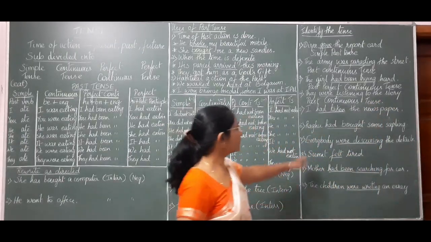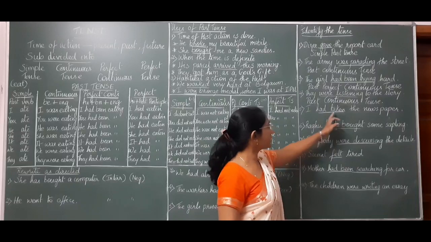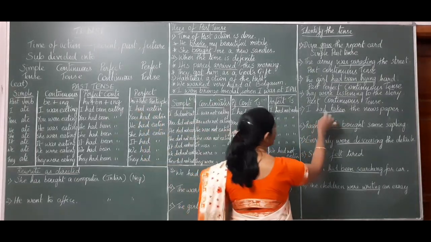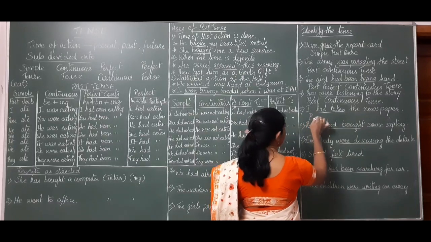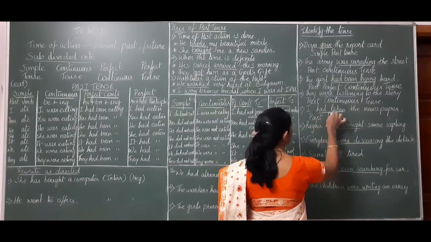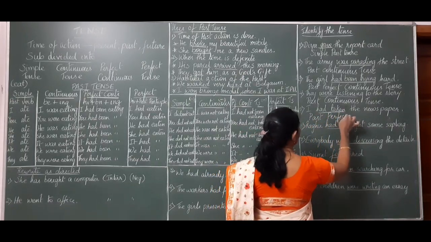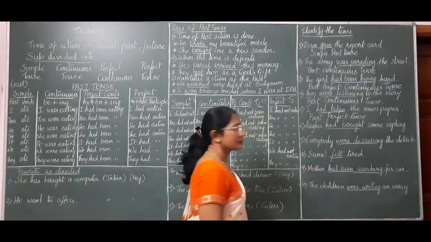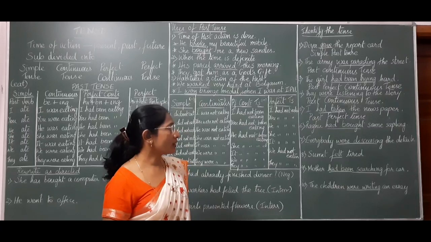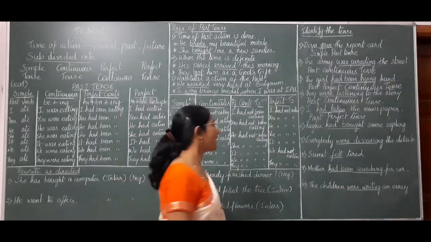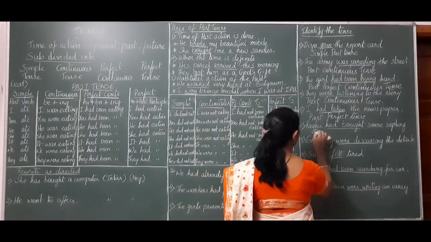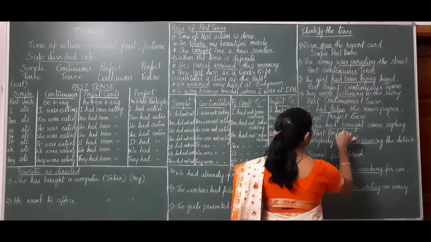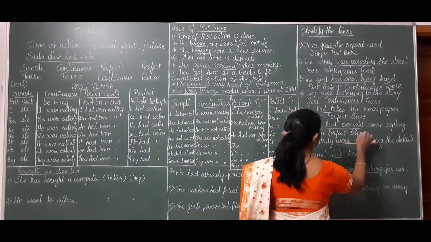I had taken the newspaper. Had taken tells about the perfect tense, where have is given in past tense. So it is past perfect tense. Next, Raghu had bought some saplings. Had bought. Again it is past perfect tense.